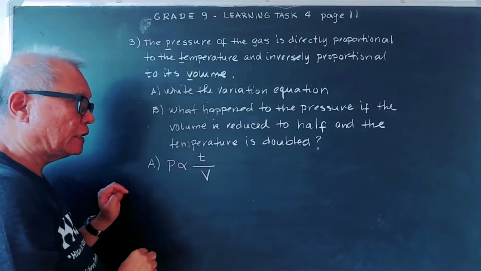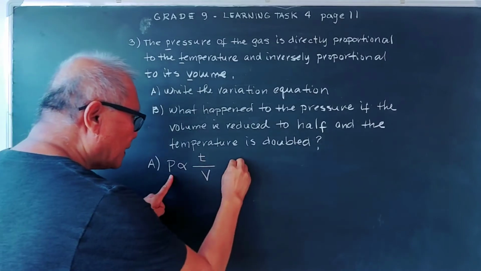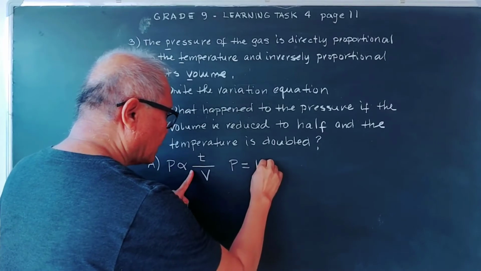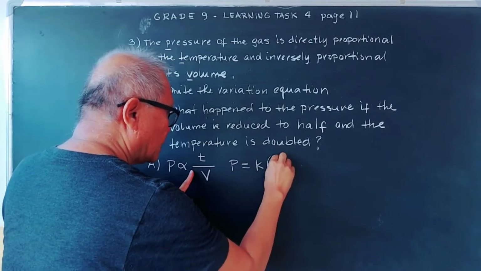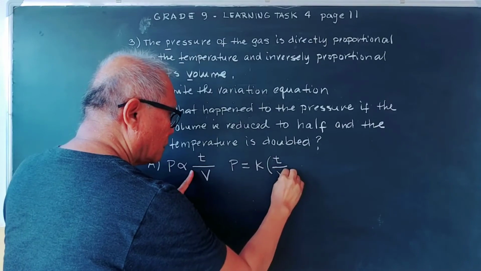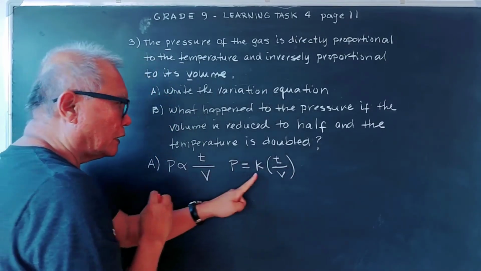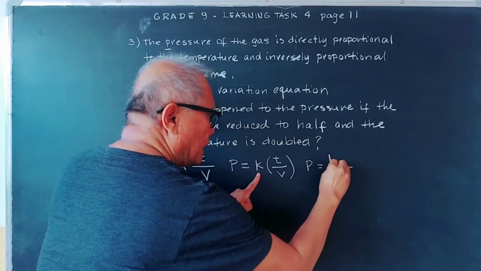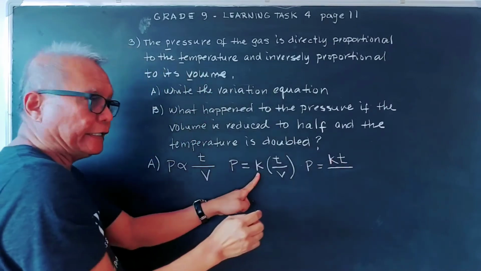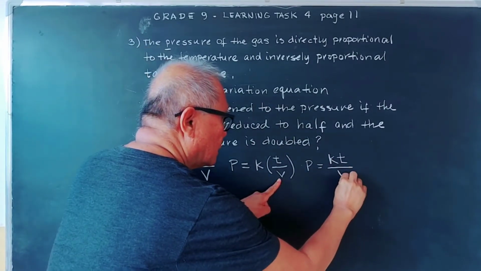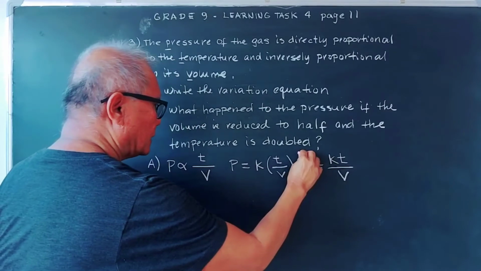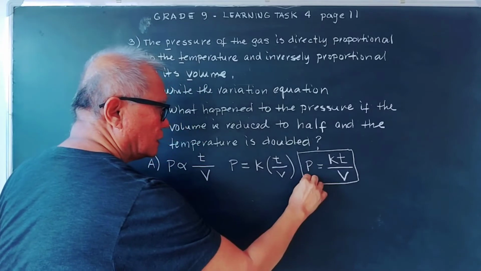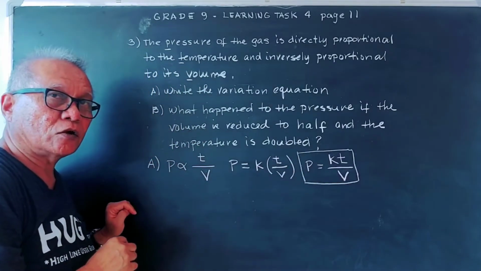In symbol. In equation form, P equals K. Introduce na tayo ng K times temperature over volume, and P is equal to K times T over V. Yan. Ito yung ating equation. Ideal gas law. Yan yun.